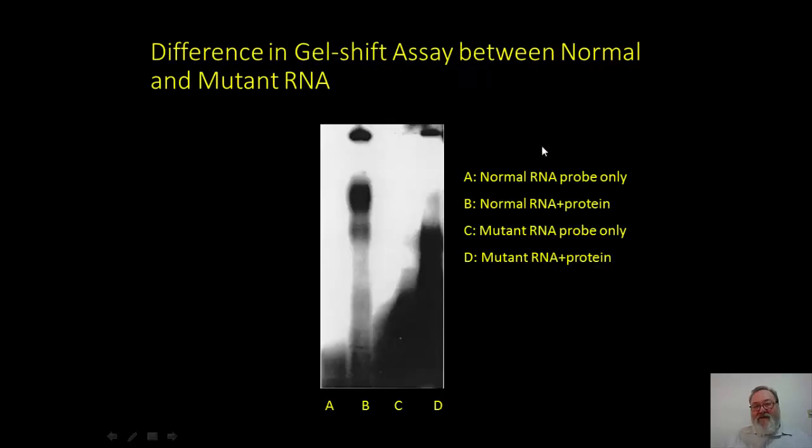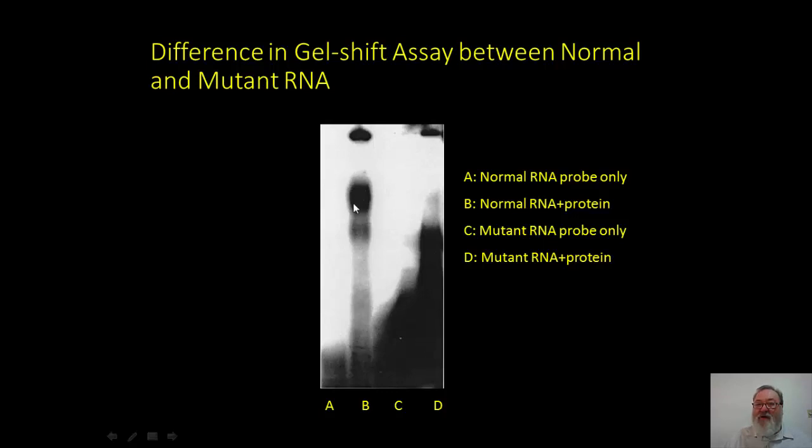We also did some other experiments in which we did a gel shift assay between normal and mutant RNA. And what we found was that A and C are the RNA probes only. But if we look at B, here's normal RNA, the normal MIR, plus the proteins that were extracted from normal hearts.